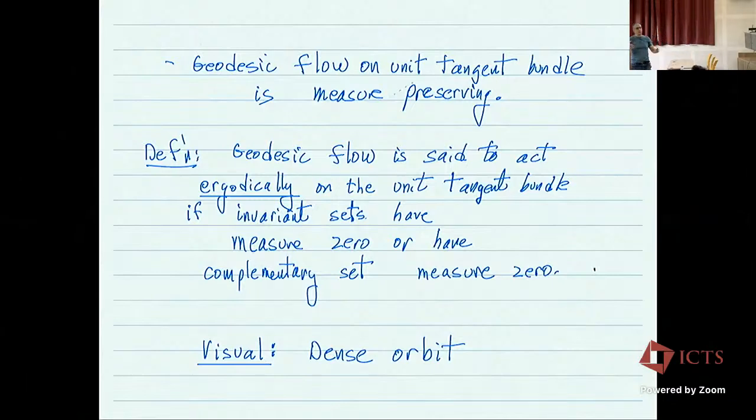Okay, so it's full. There isn't some patch of invariant vectors which has non-zero measure under the geodesic flow. There's a picture that comes with this. You could think when you have ergodicity, you have dense orbits, okay? That's a good way to visualize what's going on.